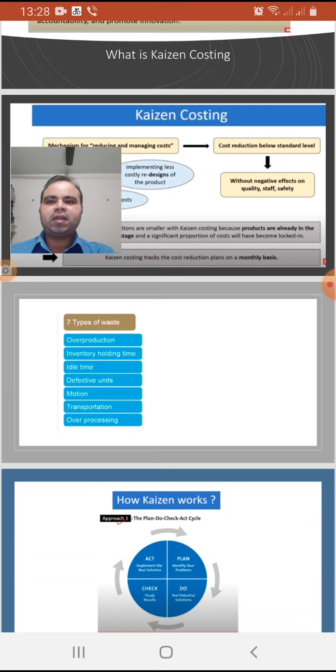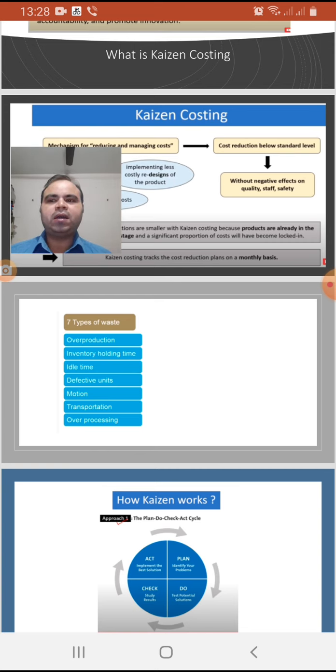So, how does the Kaizen process work? One of the key aspects of Kaizen costing is reducing and managing cost, which means cost reduction below standard without having any negative effect on the quality, staff, or safety.